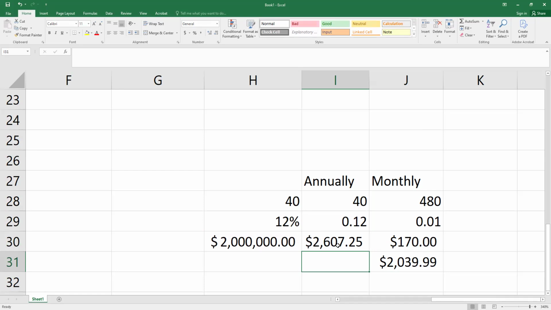Okay, another question. Let's say that you have decided to go monthly, and this time passed, you got your $2 million. For the next 20 years, starting from your retirement age, how much money will you be receiving monthly from this 2 million?